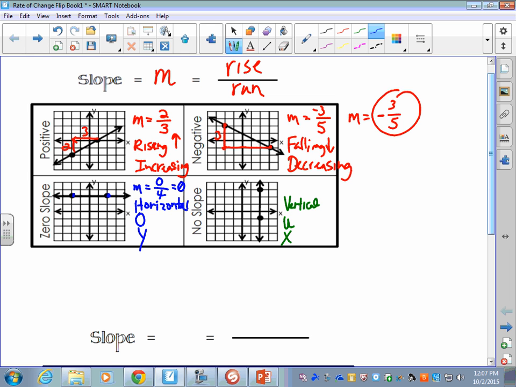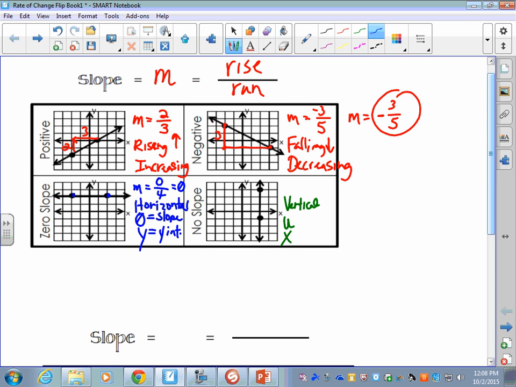Horizontal lines, notice what our answer was right here for the slope? It was 0. So the O is basically saying we have a 0 slope. Horizontal lines have a 0 slope. What's that Y for? Well, Y is equal. When I do my equation for this line, it's Y equals the Y intercept. I just abbreviate that.